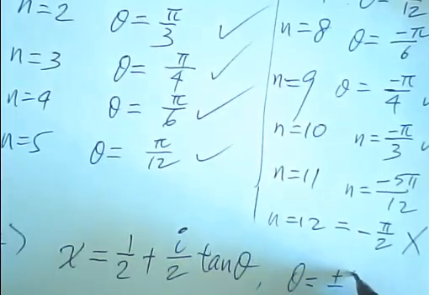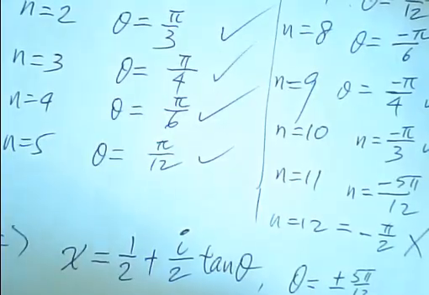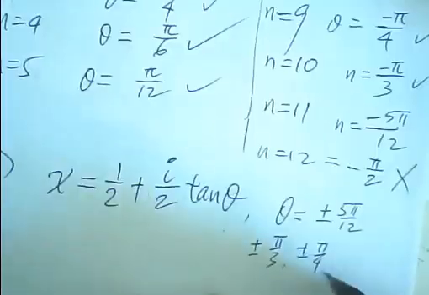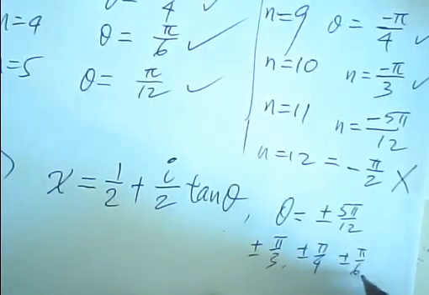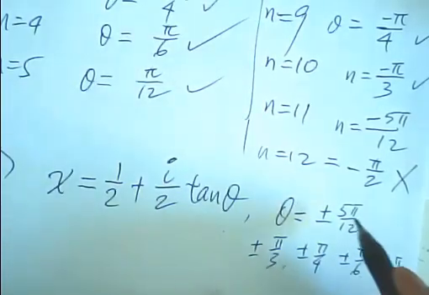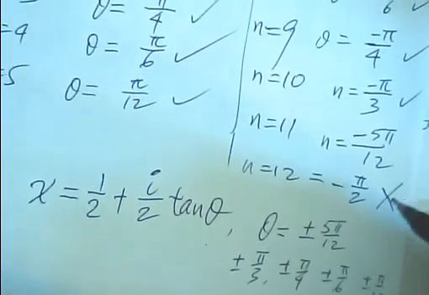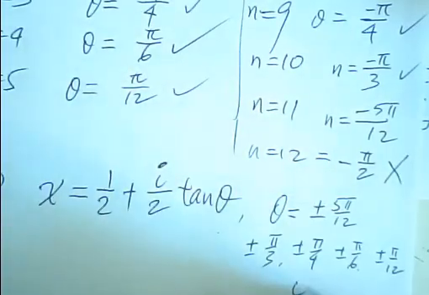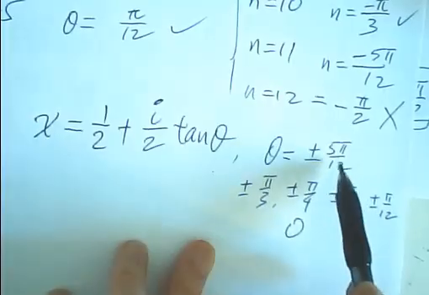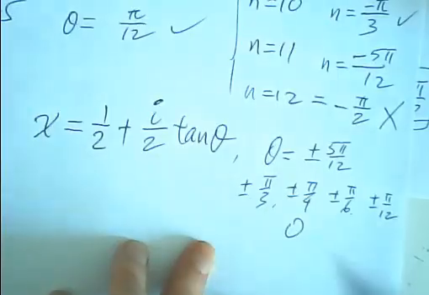Plus or minus 5 pi over 12, plus or minus pi over 3, plus or minus pi over 4, plus or minus pi over 6, plus or minus pi over 12, and finally 0. That is 11 roots.